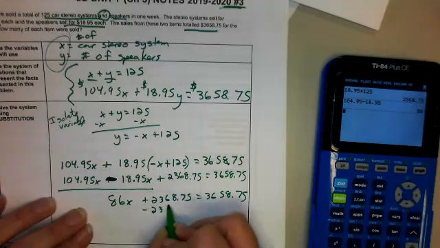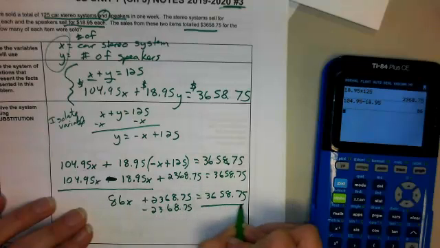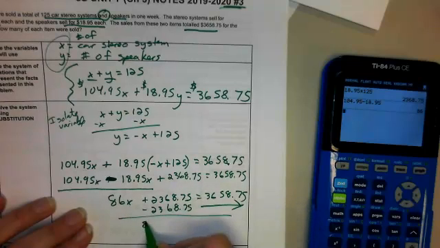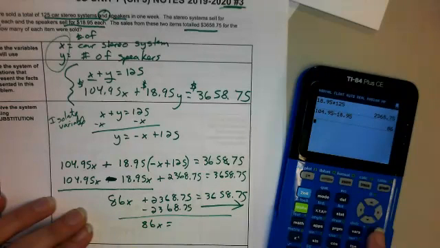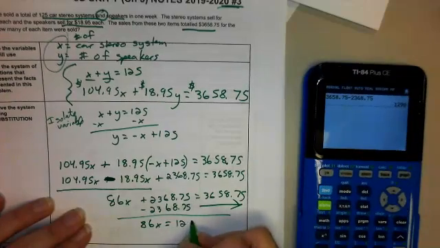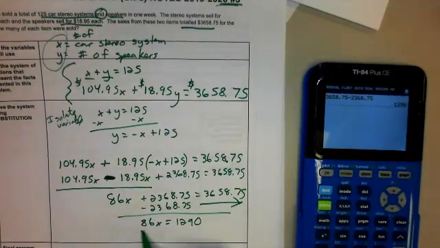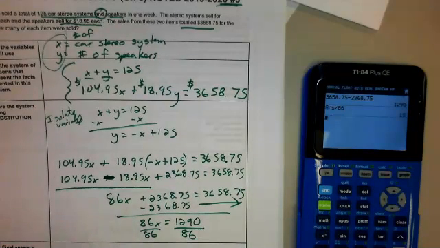I'm going to subtract from both sides. I get 86x equals, again, just use your calculators, 3,658.75 minus 2,368.75. You get 1,290. Let's hope that goes in nicely. Divide by 86, divide by 86. It does. x equals 15.